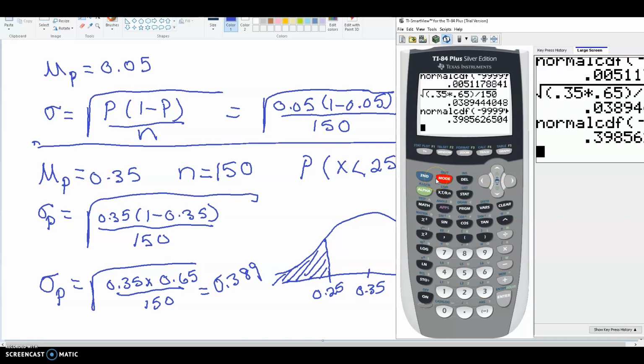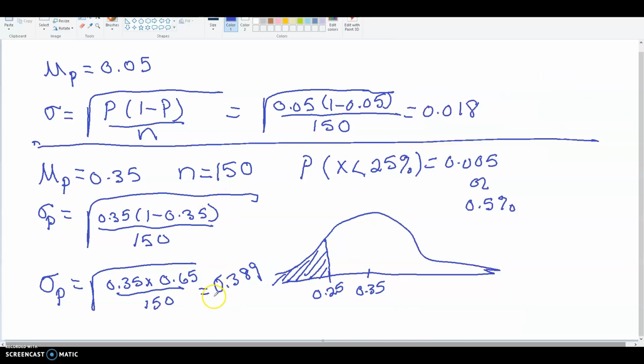Oh, I forgot a zero. There's a zero at the beginning here. So the decimal point actually goes here. Sorry, let me erase that little decimal point right there. So 0.0389.